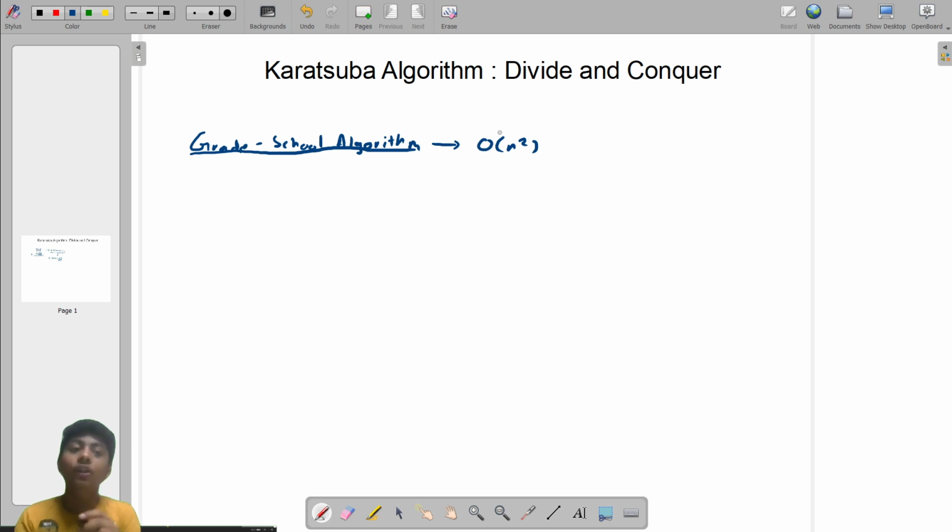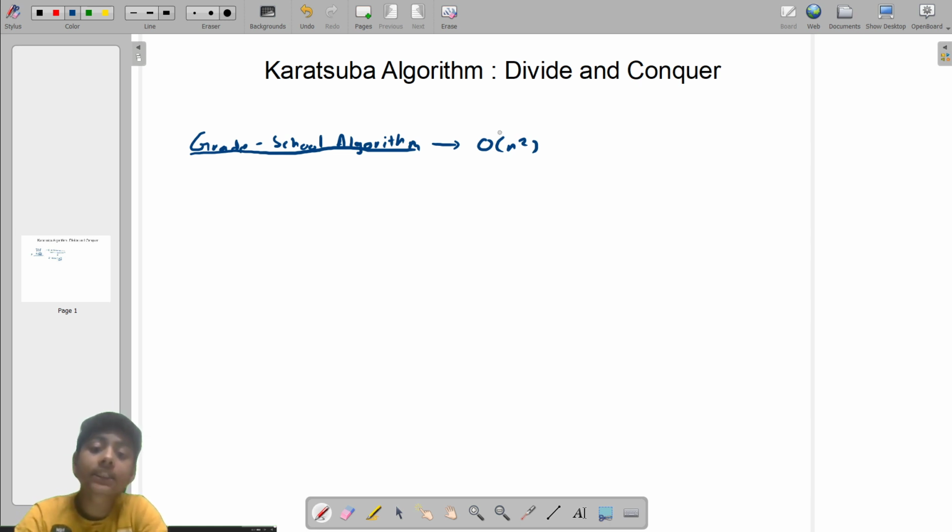What is this O? This is representing the bigger constant. Now, what I mean is, if you consider a computer multiplying these numbers, then for the computer, these numbers are multiplied as binary numbers, and we can consider that it will take some time for multiplying a one digit number also.